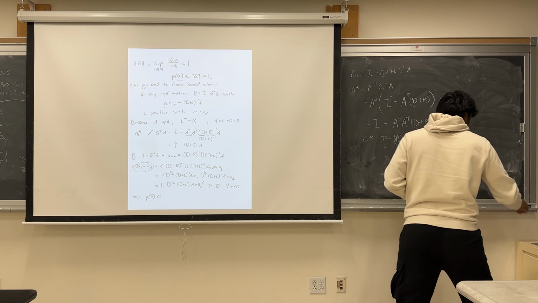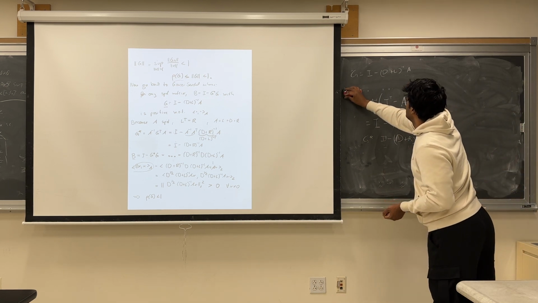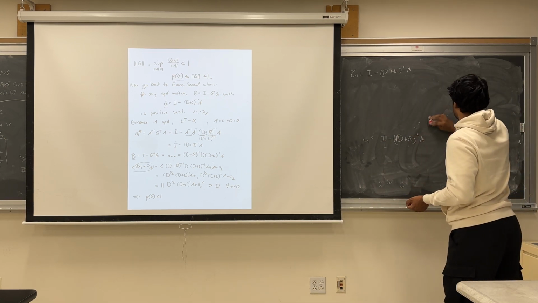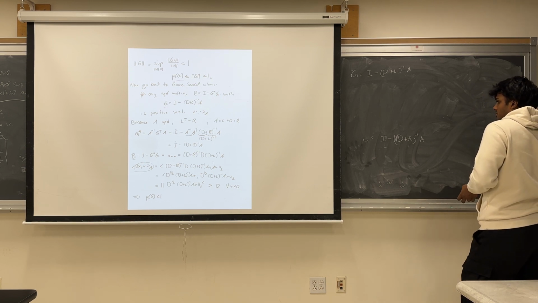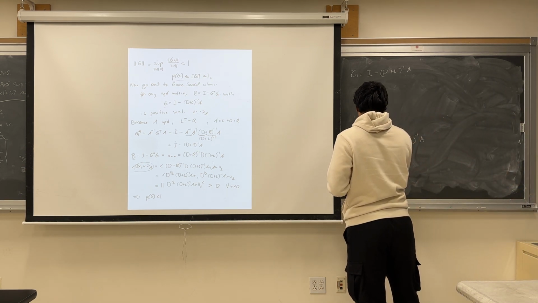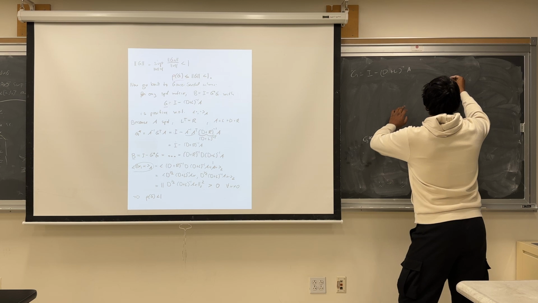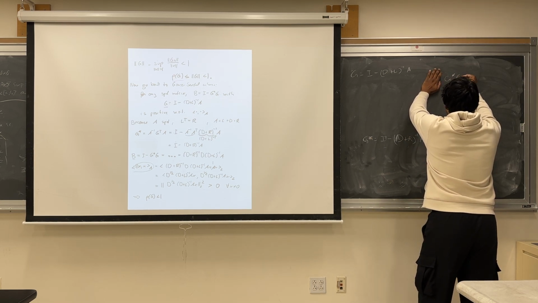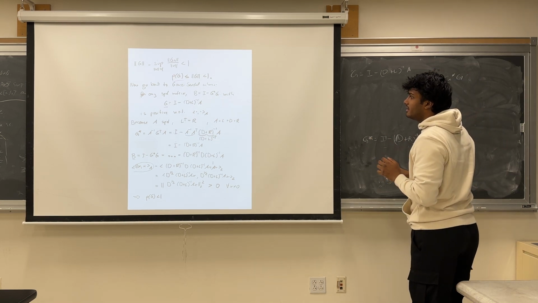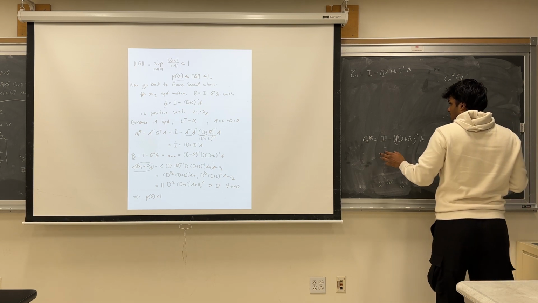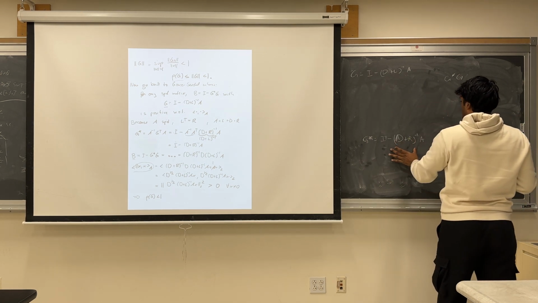My G is there, my G star is there. Let me clear this up for calculation. Now let me create G star G, because I want to make my identity minus G star G.